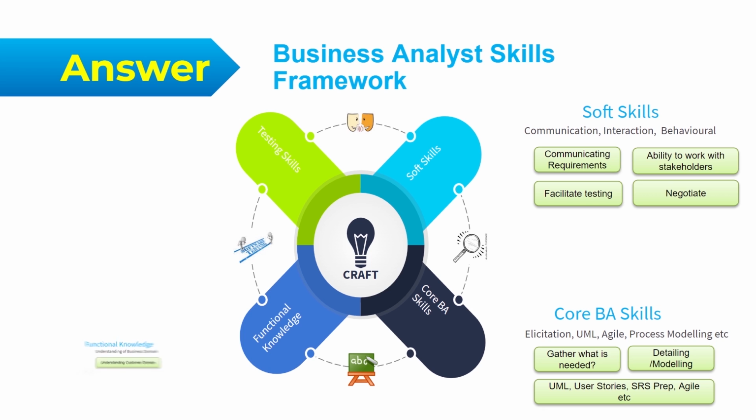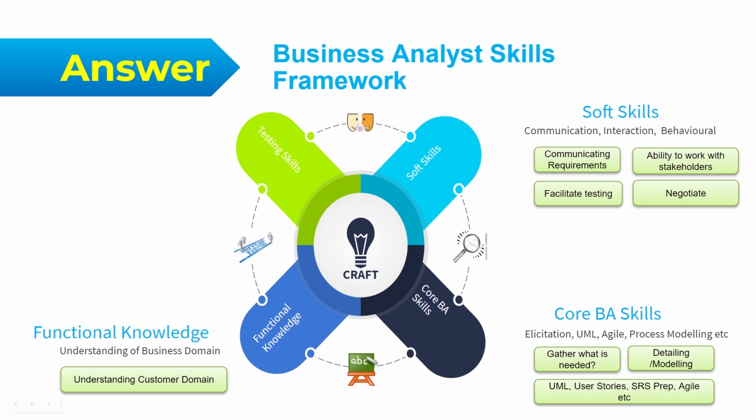The third key skill is about functional knowledge. This is the domain knowledge or knowing about the business. If you're going to work on an investment banking project, it's very important that you understand the key terms and certain processes of that domain so that you'll be able to understand what the customer is looking for.